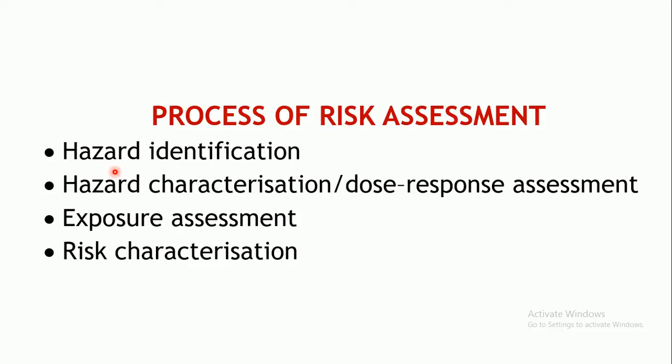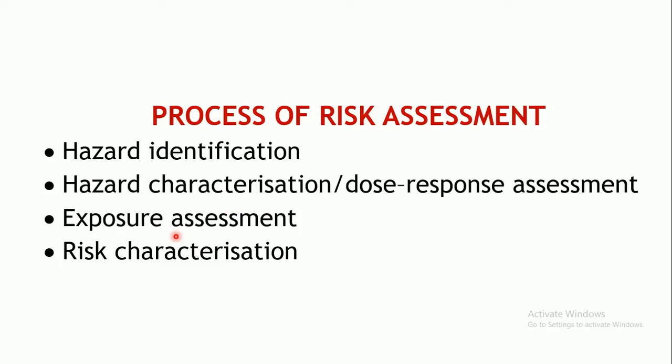The first one is hazard identification, the second one is hazard characterization. Hazard is the inherent property of any substance to produce an adverse effect. So this particular hazard first needs to be identified. After that the characterization of this hazard has to be done, usually with the help of dose response assessment.